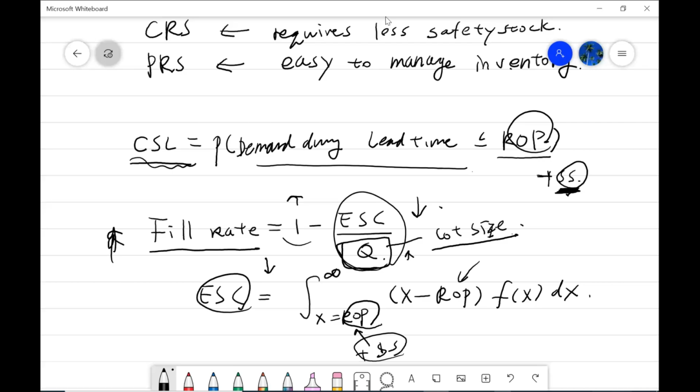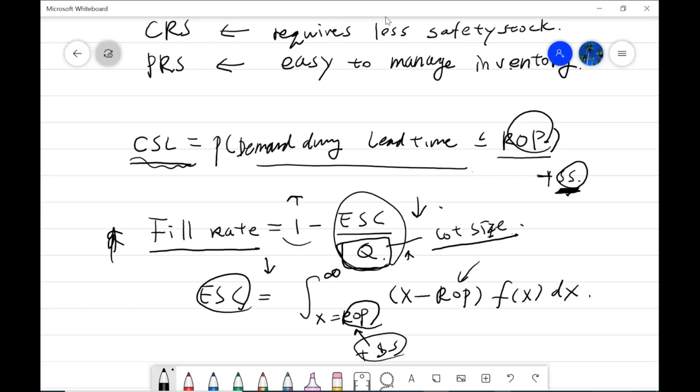So that's why I can say the cycle service level is probably a better indicator of product availability than the fill rate. Why? Because we can easily increase the fill rate, not because we have good product availability, only because we increase the lot size, okay?